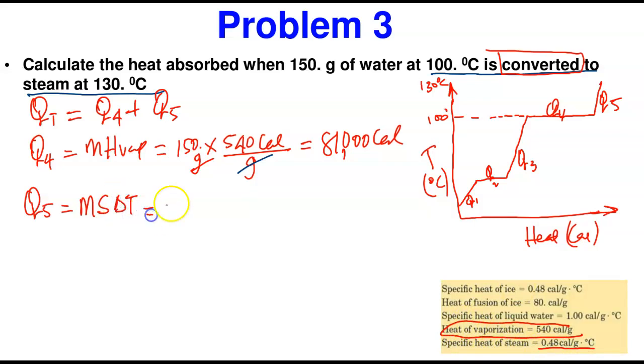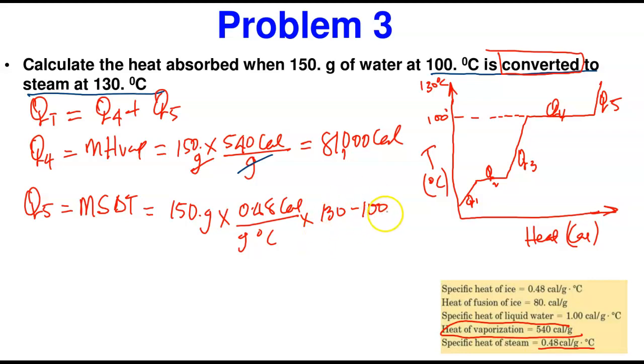So if you put everything, it's going to be 150 grams times 0.48 calories per gram per degree Celsius times the change in temperature, going from 100 to 130, and the difference is going to be this.